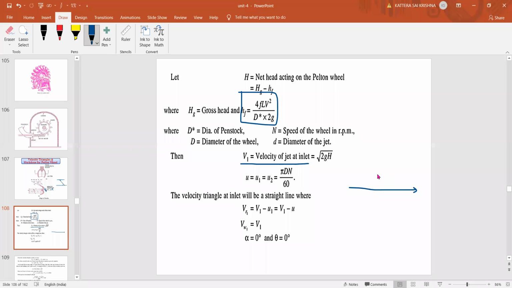So we know V1, and the horizontal component of V1 is V1 cos alpha. Since alpha is equal to 0, we get VW1. So V1 is always equal to VW1 in your Pelton wheel, and we will have U1, and the remaining part will be your VR1. Okay, so these things we have already seen previously.